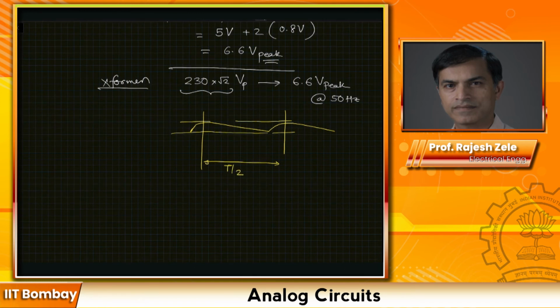We are going to assume that the ripple is small, so we are going to ignore this portion of the curve where the capacitor is getting charged. I have exaggerated the vertical ripple a little bit here. V ripple is small, and you can see it's 250 millivolts as compared to 5 volts. So the ripple value is small.